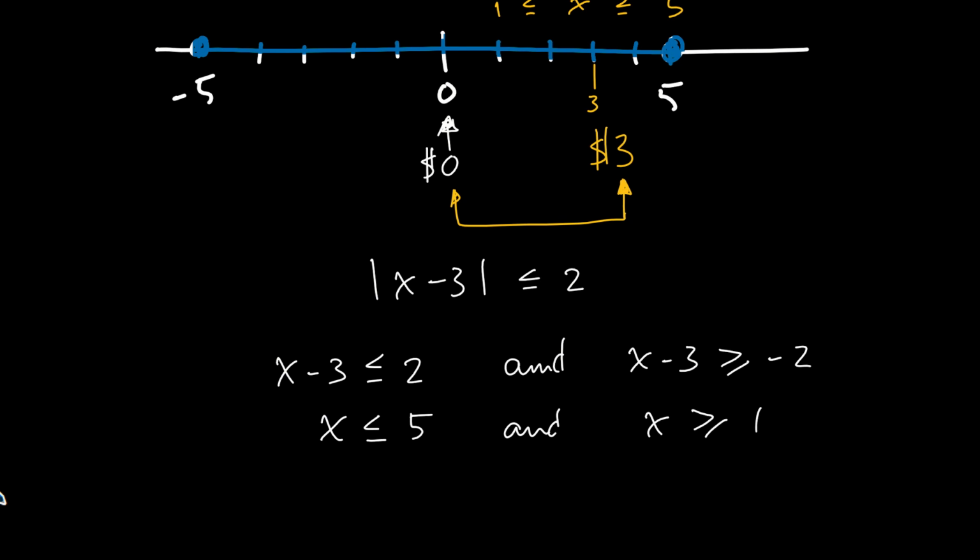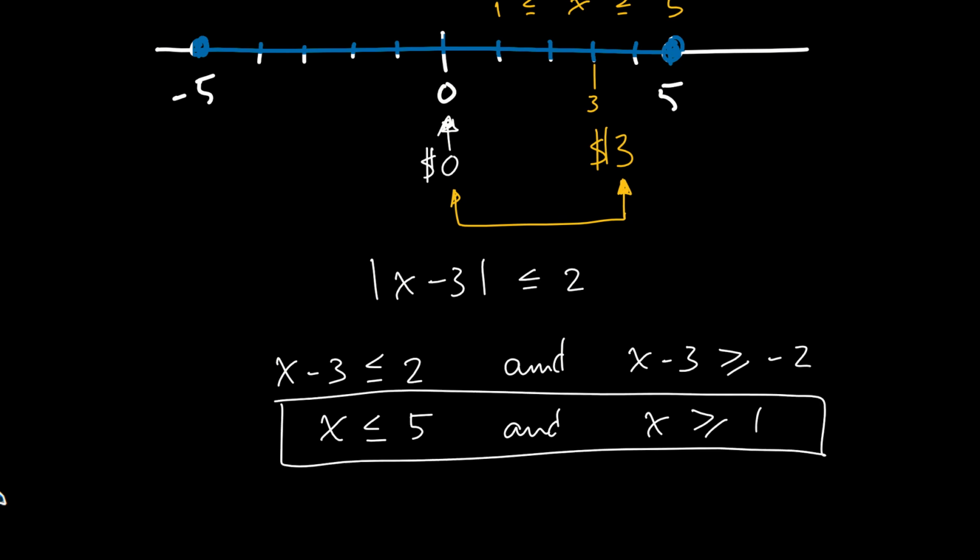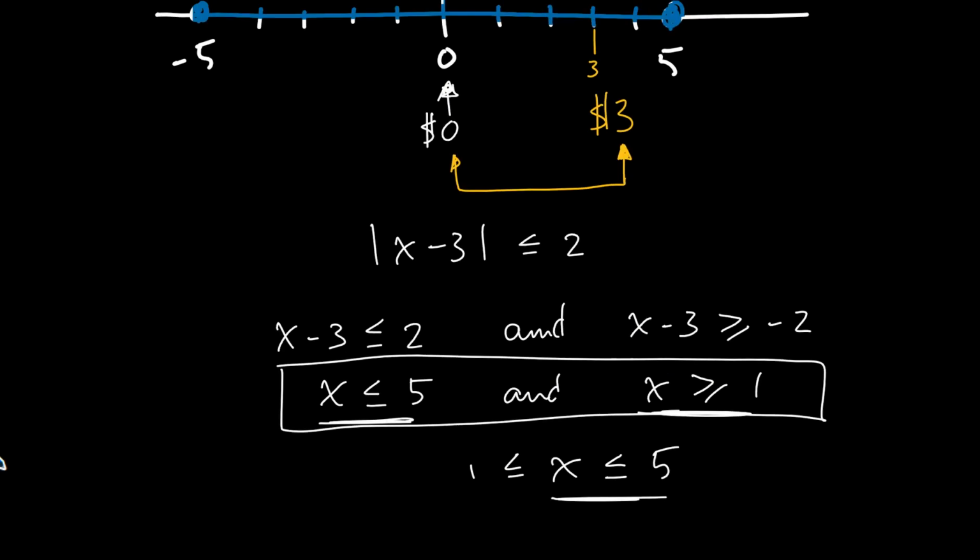This is the same inequality that we had above, and I can combine them. 1 is the smallest value, X's are in between, and the upper bound is 5. X's have to be less than or equal to 5, which is expressed here, and greater than or equal to 1, which is expressed here. So you can see both parts are reflected in this single expression.